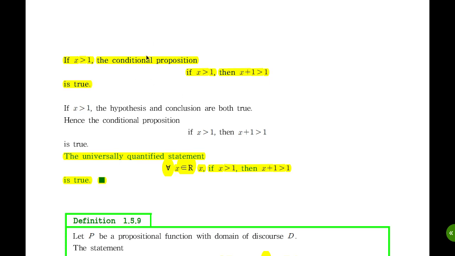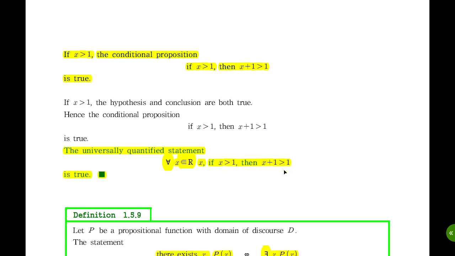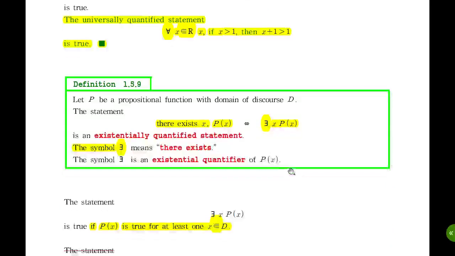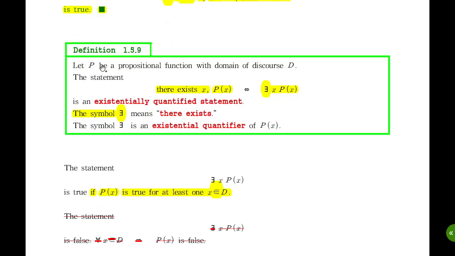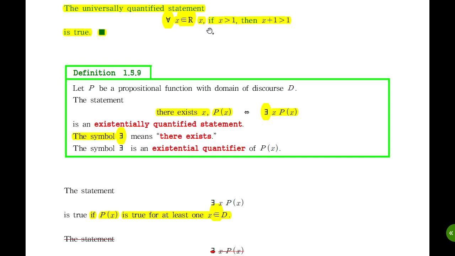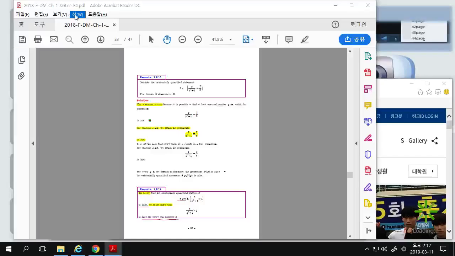In both cases, this statement is true. So this universally quantified statement, for all x in R, if x is bigger than 1 then x plus 1 is bigger than 1, is true. You had asked questions on tautology before.